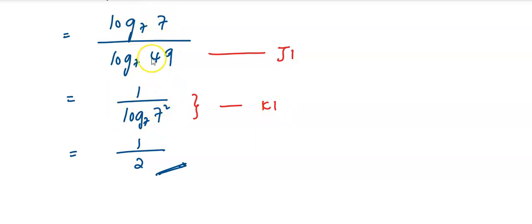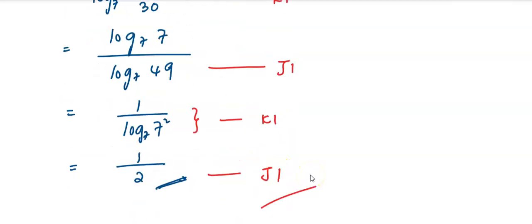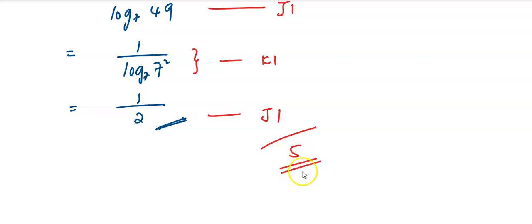Okay, you simplify your steps here. You got 1 over log 7 to the base of 7. And the square you move to the front, you got 1 mark, and after that you've got the 1 over 2 as your final answer. You got 1 mark for the answer. Total another 5 marks for this question.